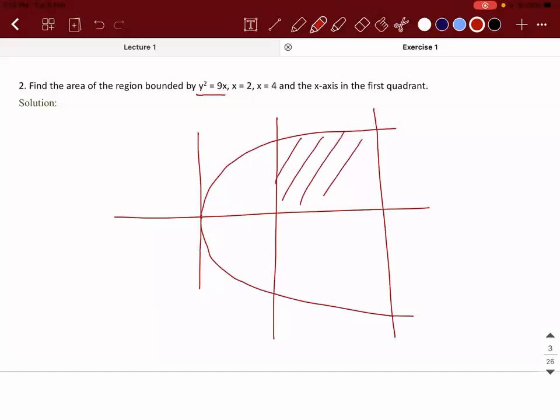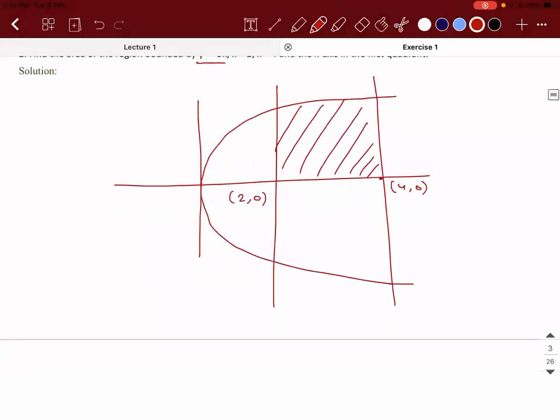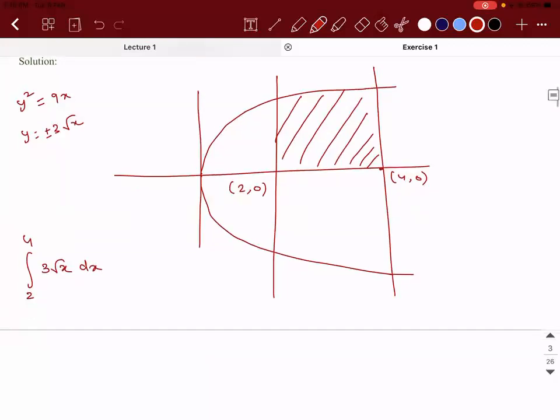And you need to find this area. So between the points 2 and 4, integral of 2 to 4. We know that y square is equal to 9x, so y will be equal to plus or minus 3 root of x. I will take only 3 root of x because it is restricted to first quadrant. So 3 root of x dx.